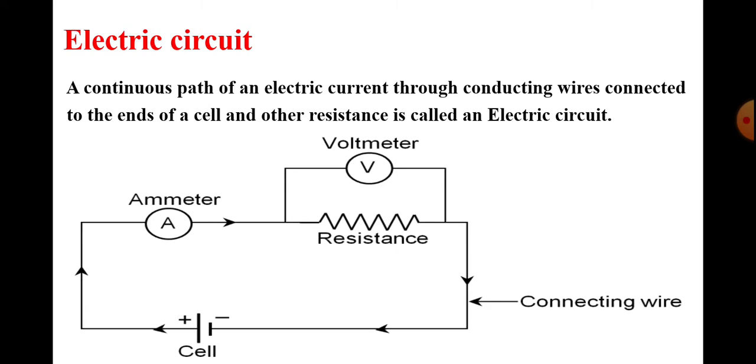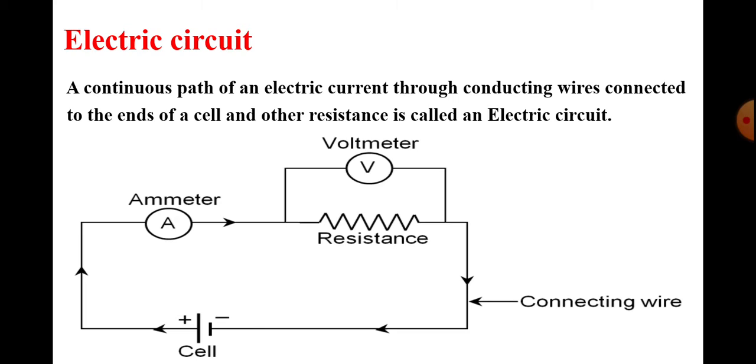Electric circuit: a continuous path of an electric current through conducting wires connected to the ends of a cell and other resistances is called an electric circuit. This figure shows how different components are to be connected in the circuit by using special symbols for each of the components.